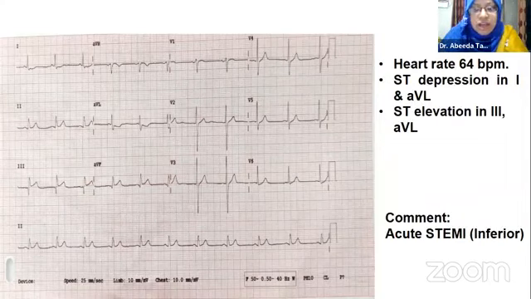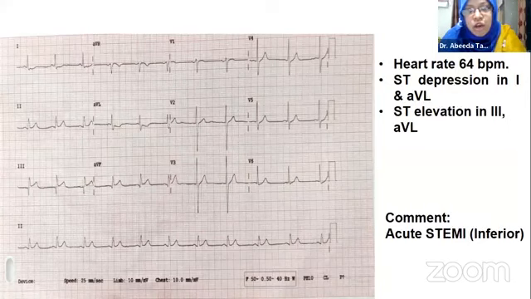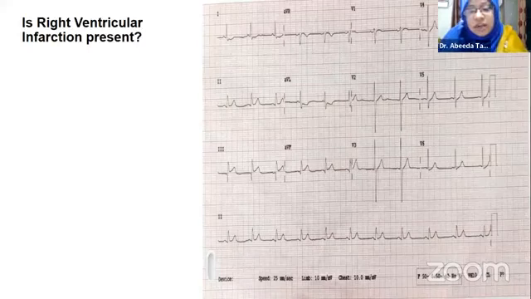As soon as possible, we started all the conservative management. As the patient came within 4 hours of the start of chest pain, we counseled the patient regarding primary PCI, and if not, then reperfusion therapy.